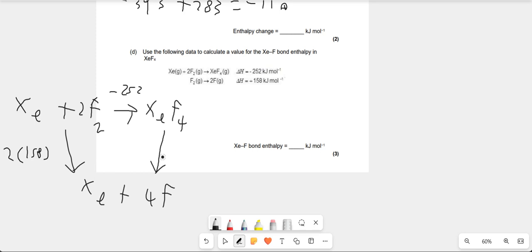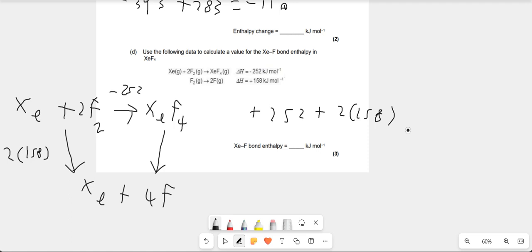So I can flip this, so it'll be 252, and then plus 2 times 158. So if I want to go from XeF4 to this one, to break the bonds here, I can just flip this, so it'll be plus 252 plus 2 times 158.